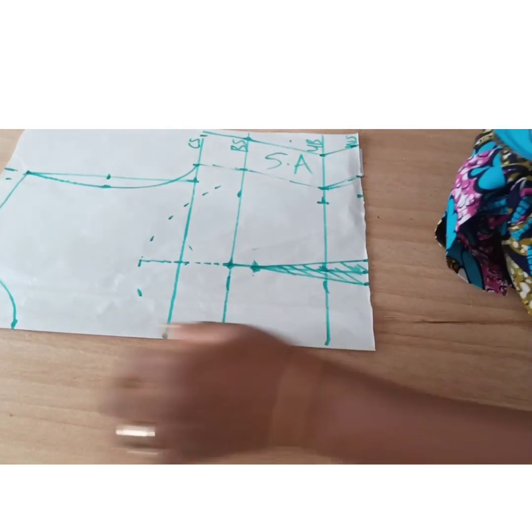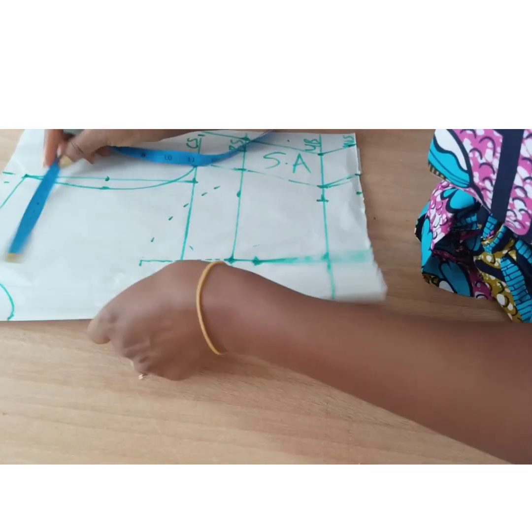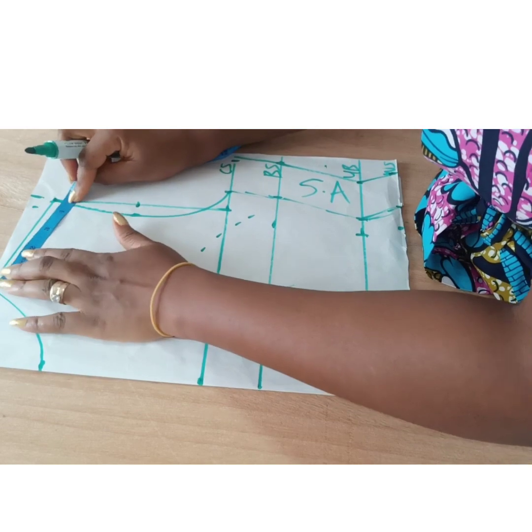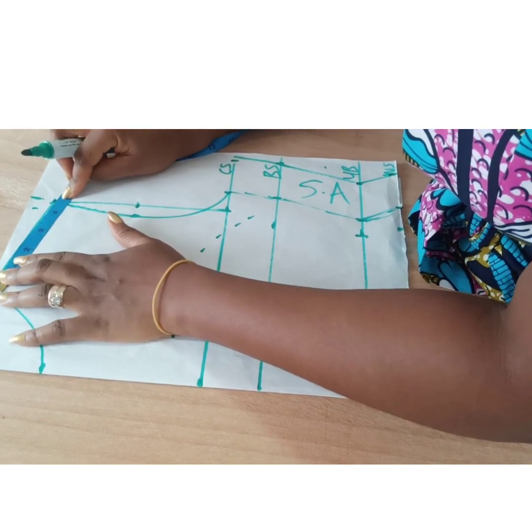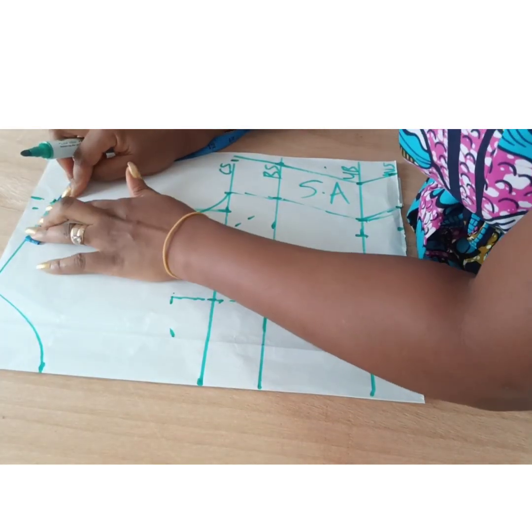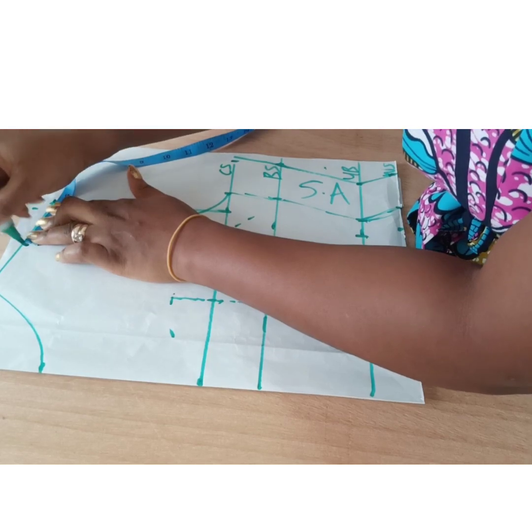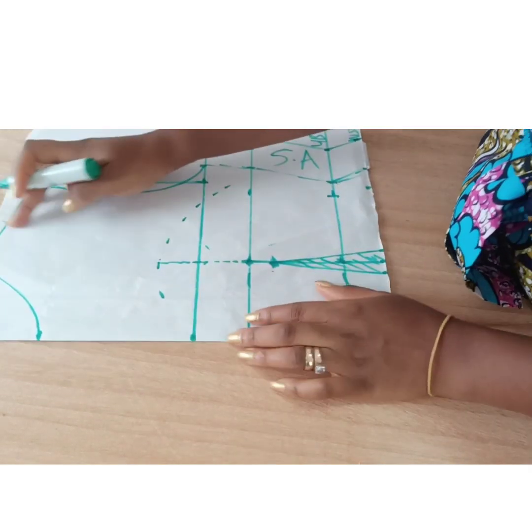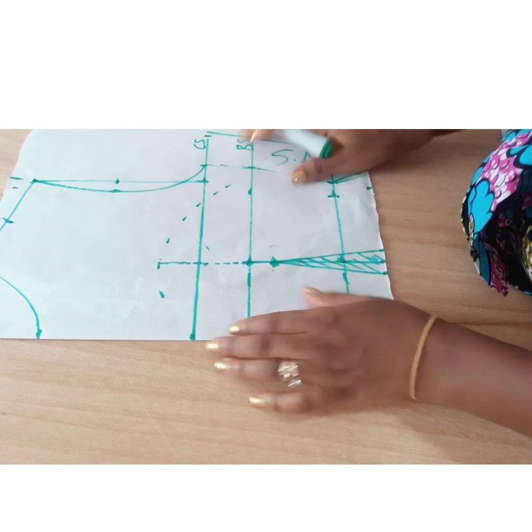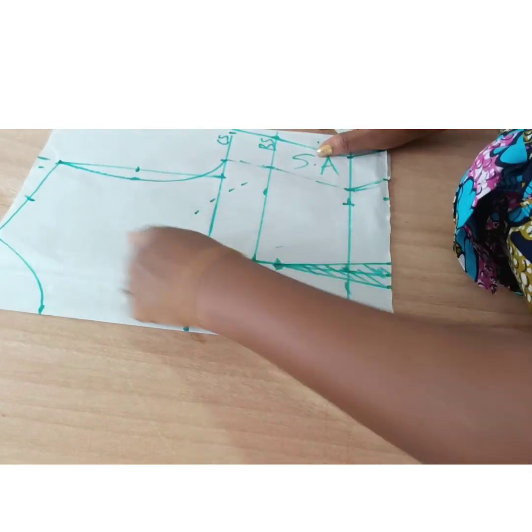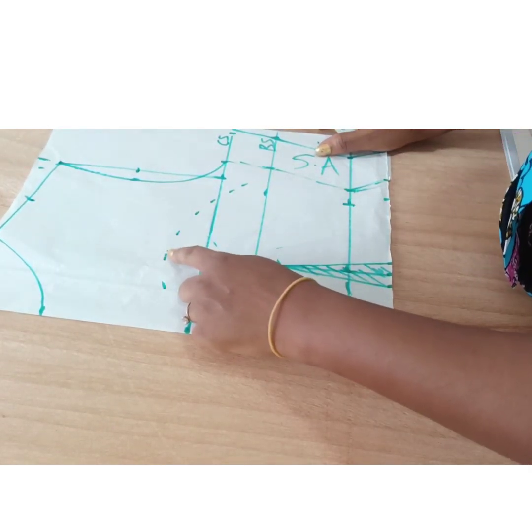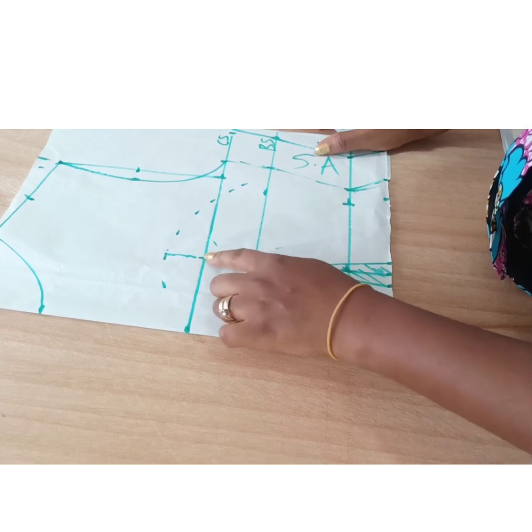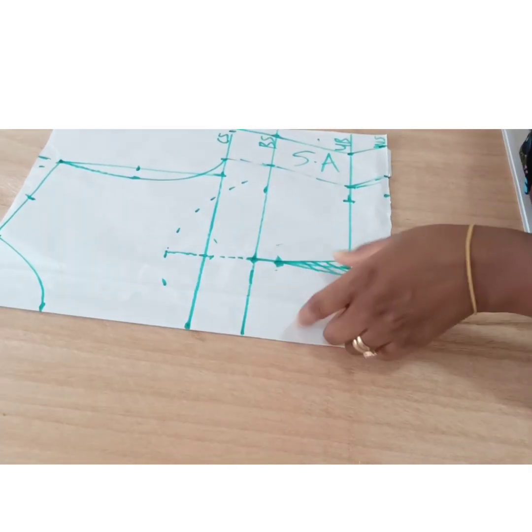And then we'll check what we have on the shoulder line. Check what you have on the shoulder line and take half of that. So we'll connect to this line here, or you connect it to the chest line.